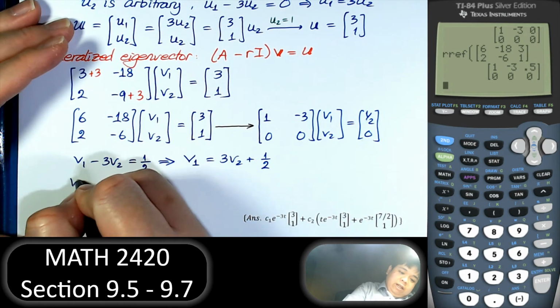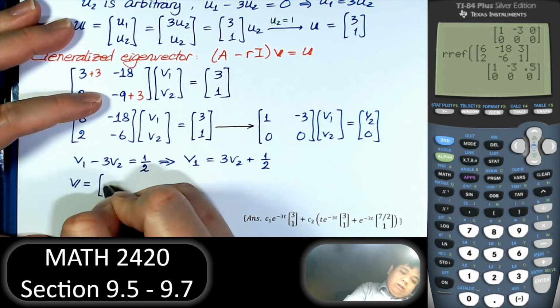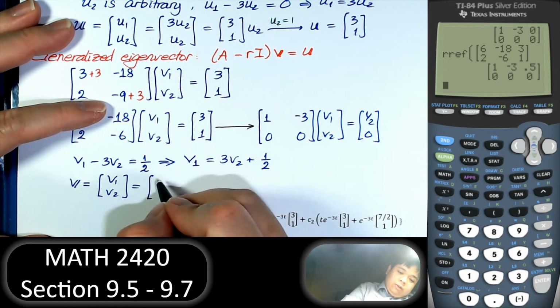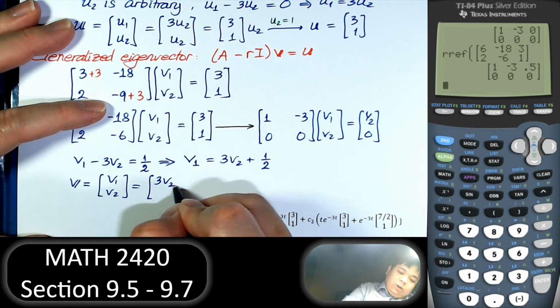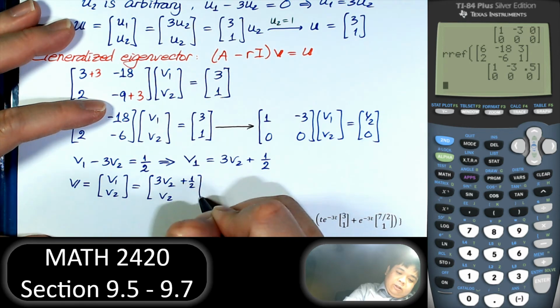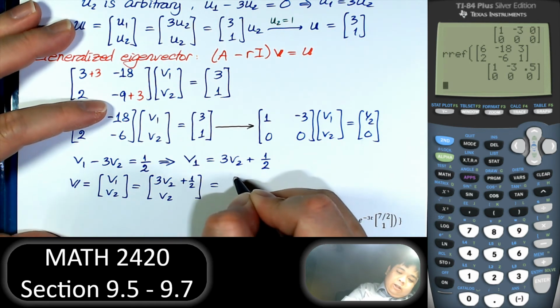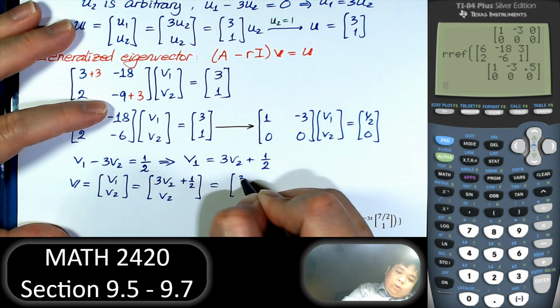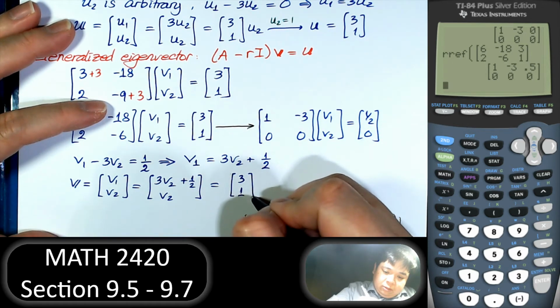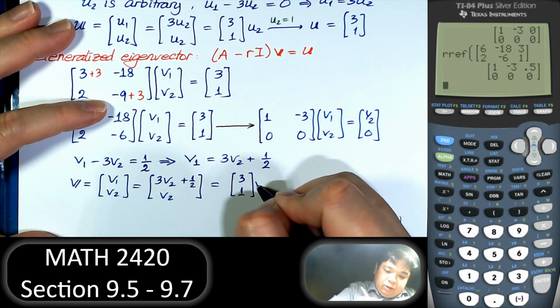But if we write v as the solution, v1, v2, which is 3v2 plus 1/2, and v2, so we have 3 and 1 times v2.